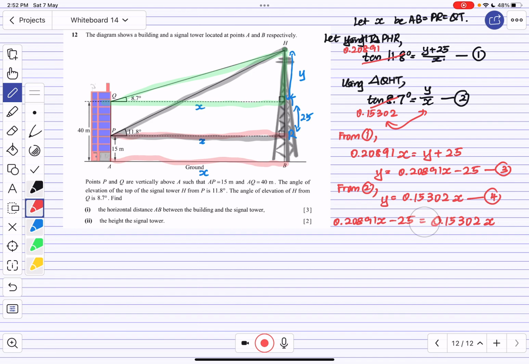And eventually you can solve: just take 0.15302x, subtract 0.20891x. That should give you negative 25.